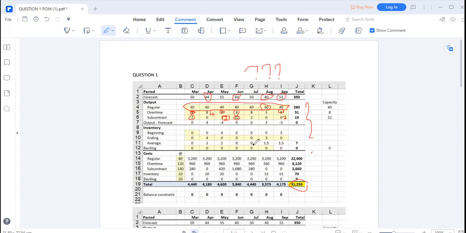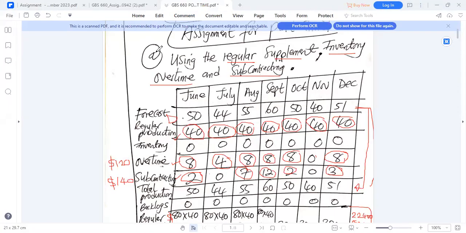So this is as a result of the discrepancy. The 3,200 is okay throughout here and giving us 22,400, which is according to the breakdown of this one. Okay, so this is about what is going on here.